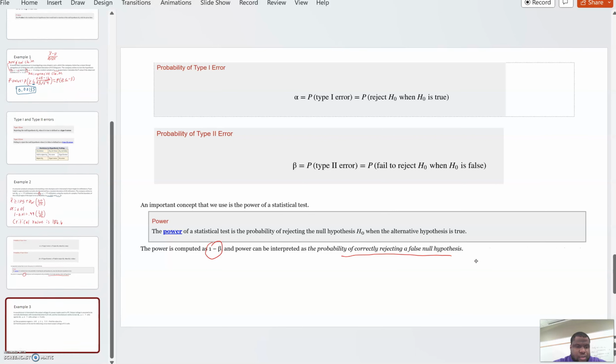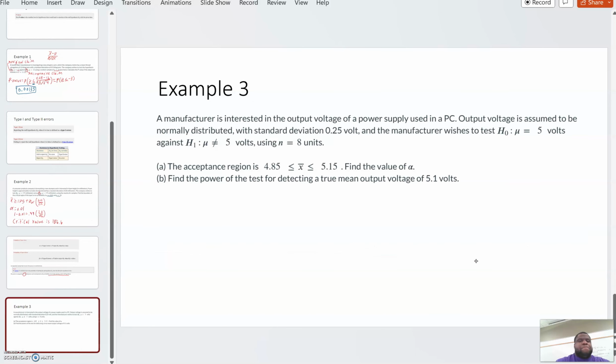So let's jump here to example 3. Here we have a manufacturer interested in the output voltage of a power supply used in a PC. Output voltage is assumed to be normally distributed with standard deviation 0.25 volt, and the manufacturer wishes to test the null hypothesis that it's 5 volts against the alternative that it's not 5.